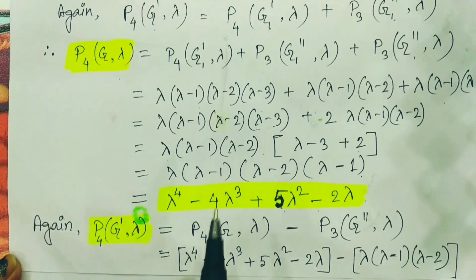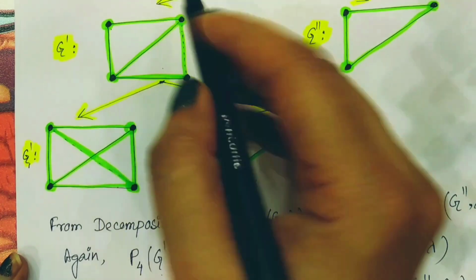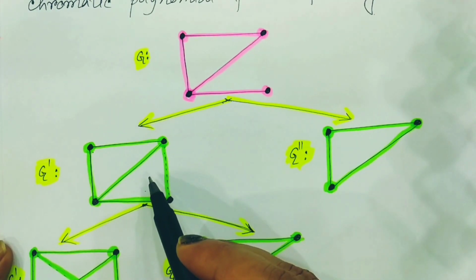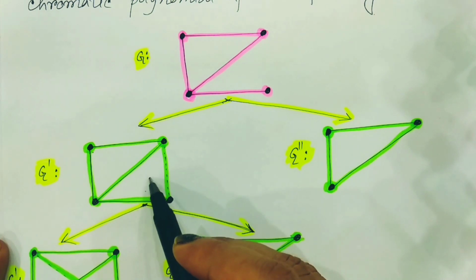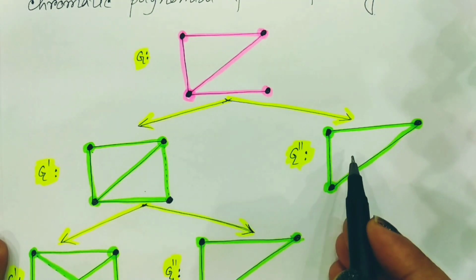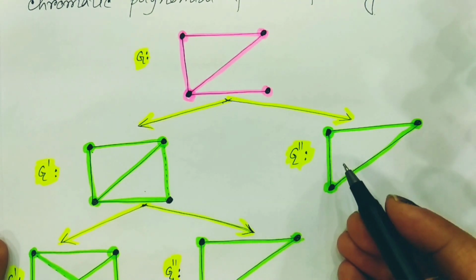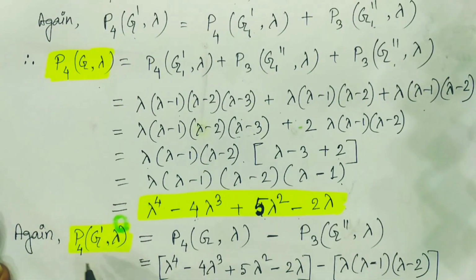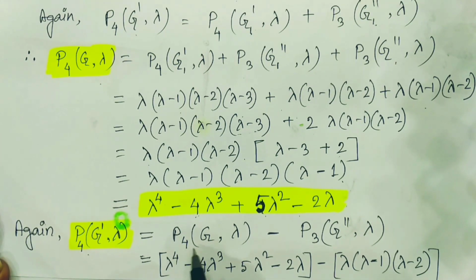Anyway, next, suppose a graph is given for which we want to find the chromatic polynomial, then we can do one thing: we can do this one minus this one. That also can be done. If we want to find the chromatic polynomial for this G-dashed graph, then it should be found by P4, that means the given graph G minus this one.